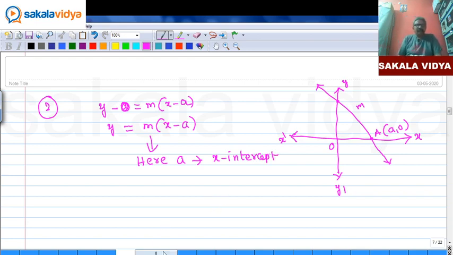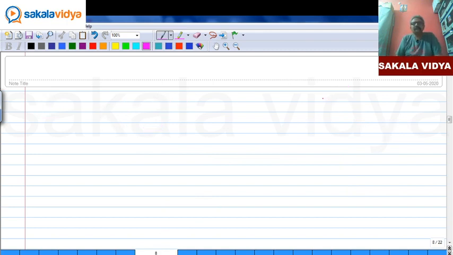So next now, this is origin, x, x dash, y and y dash.